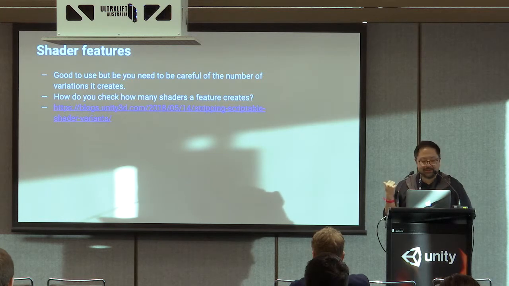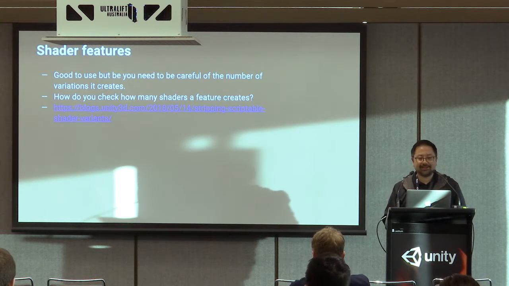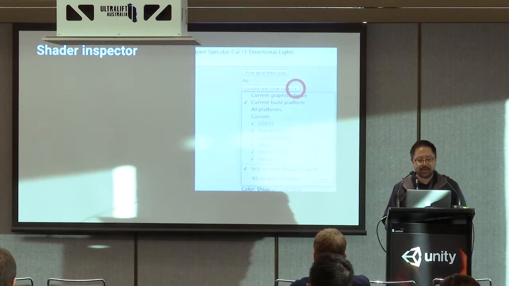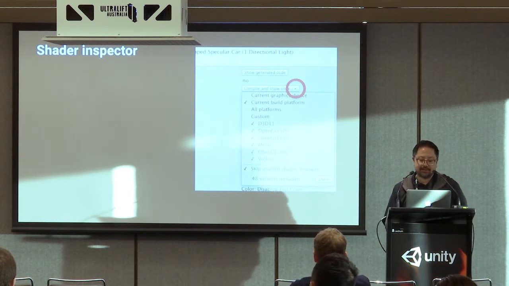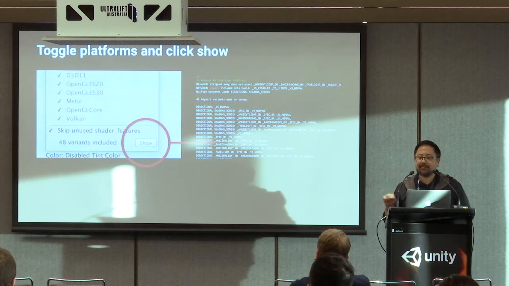I also added a link down there that you can use to calculate how many variants your shader will produce. If you want to inspect it a bit more, you can click on the shader and click that down arrow there, and you'll see a show button. If you click that show button, it will list every single variant that your shader is using.